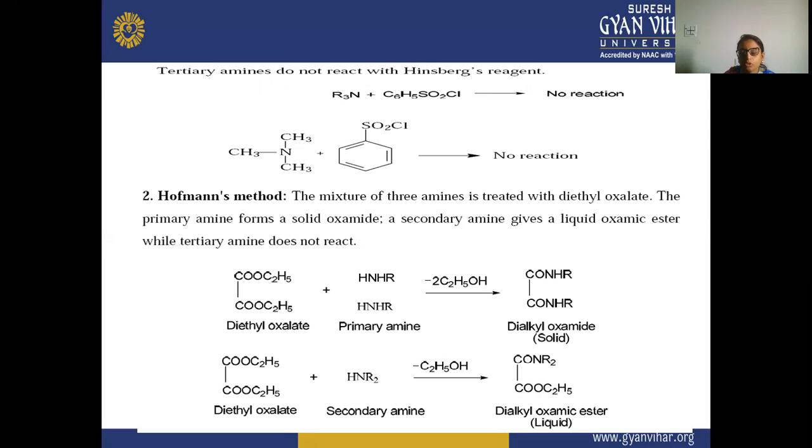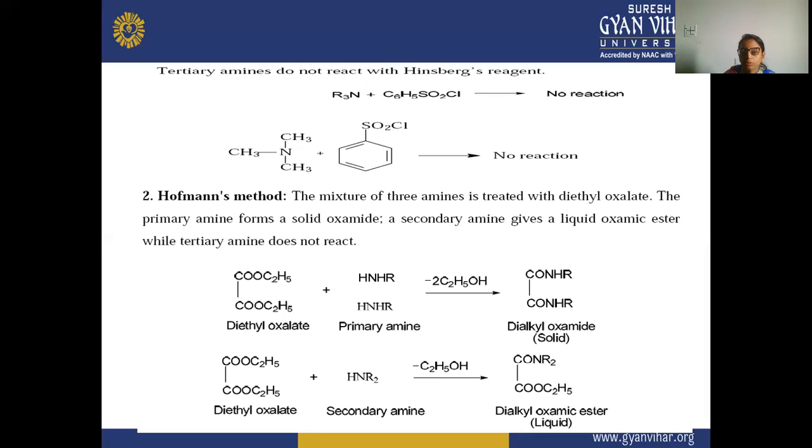So here we have taken two molecules of this primary amine. When we are taking two molecules of this primary amine and reacting with this diethyl oxalate, there is a formation of this diethyl oxamate. So here a solid diethyl oxamate is formed. But in case of the secondary amine, there is a formation of the liquid oxamic ester.